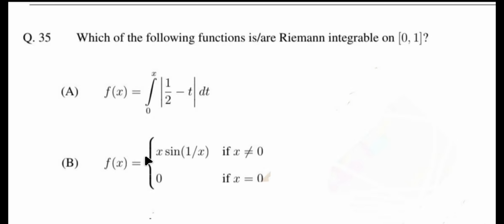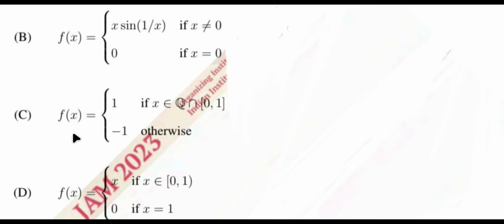So all these are continuous functions. So the function in option A is continuous, and every continuous function is Riemann integrable. So option A is correct. And for the same reason, B is also correct, because B is also a continuous function.